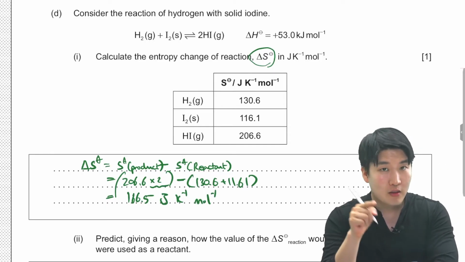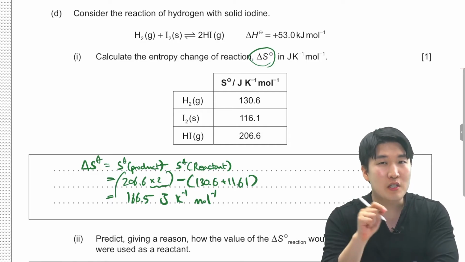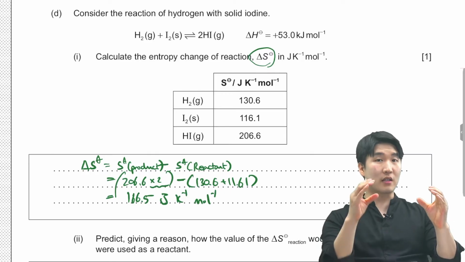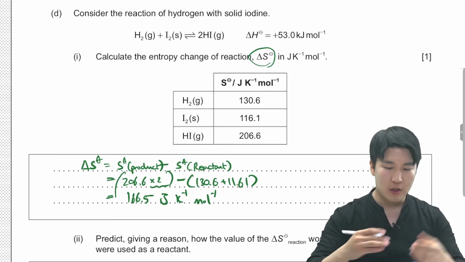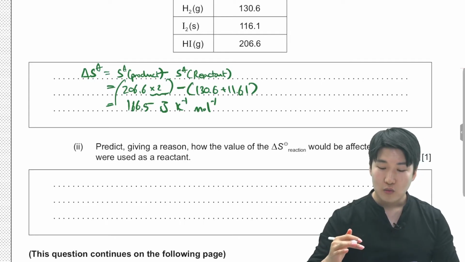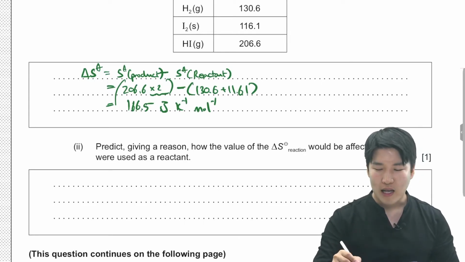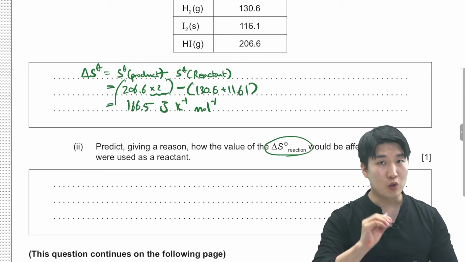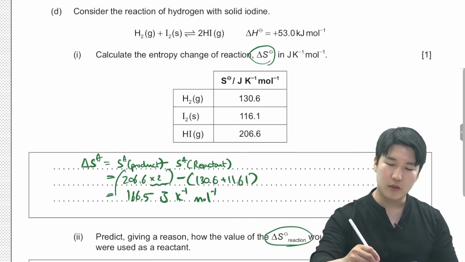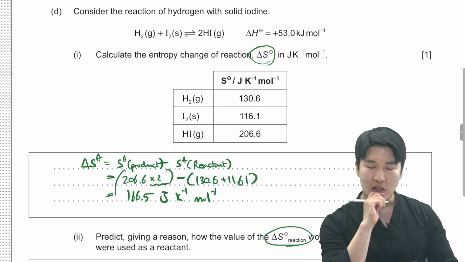Now that we have delta S value, the next question is probably going to ask us to use delta H and delta S values to work out delta G. But before then, we are asked how delta S value would change if iodine used was gas instead of solid.